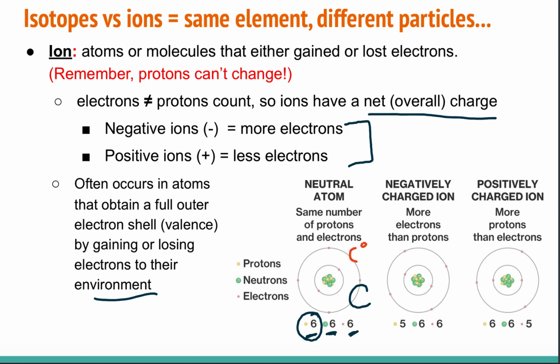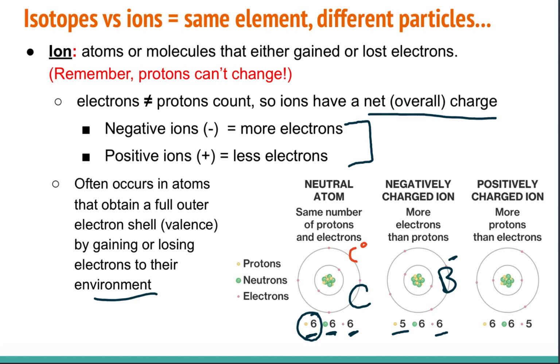Okay? Now, on the other hand, I have this atom for the negatively charged ion, and it's got 5 protons. That means it's not carbon. It is, in fact, boron. And in this case, because I have one more electron than protons, I have one more negative charge than positive charge, which means I have a charge of -1.